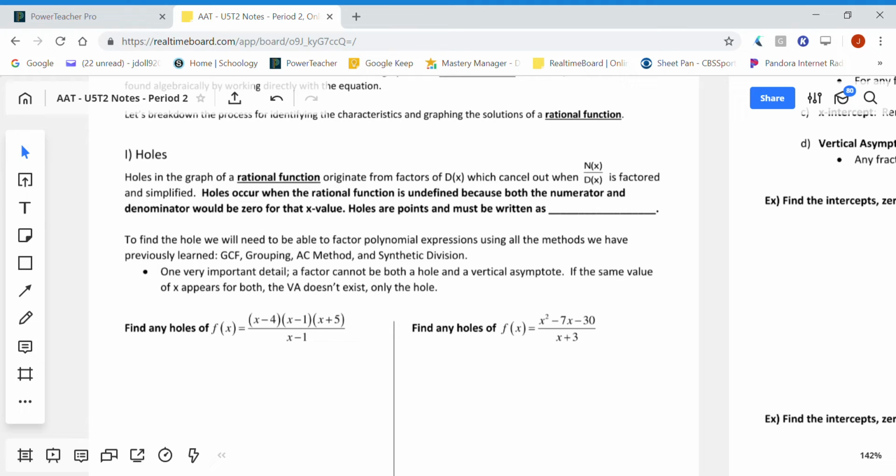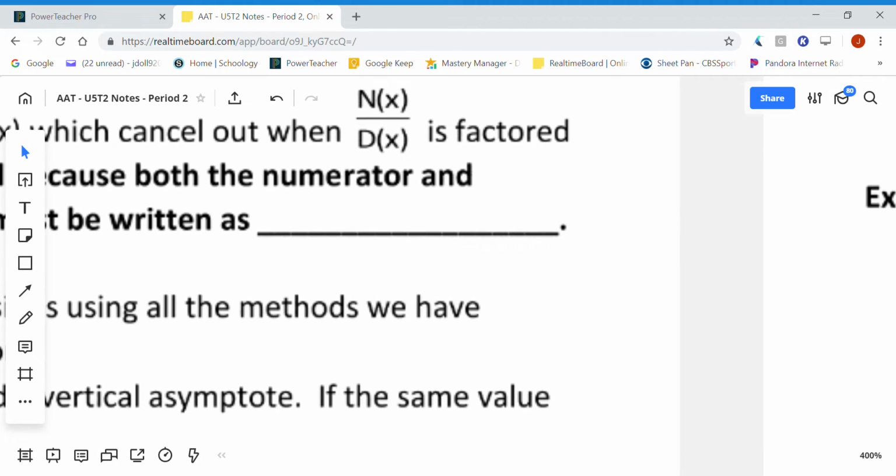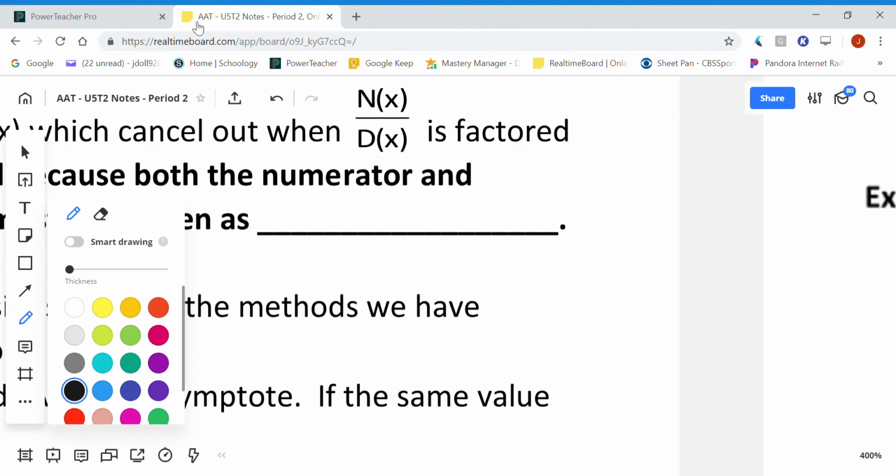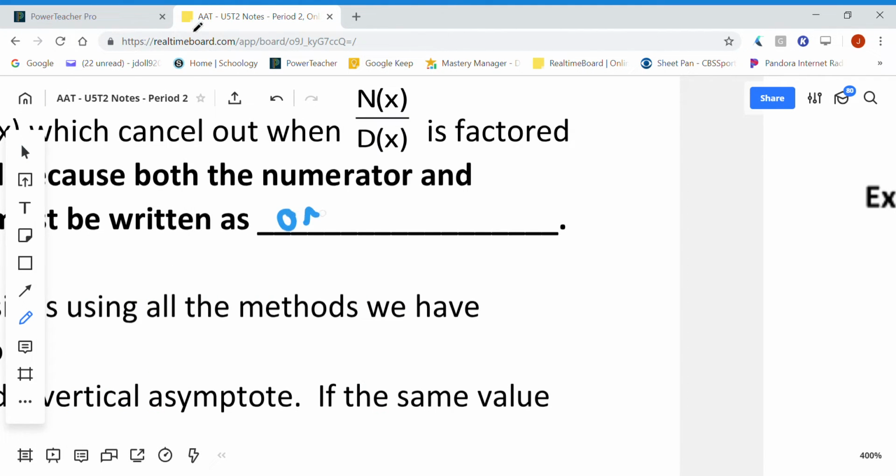So you can see here holes occur when the rational function is undefined because both the numerator and denominator would be 0 for that x value. Holes are points and must be written, as we talked about in the notes, as ordered pairs.